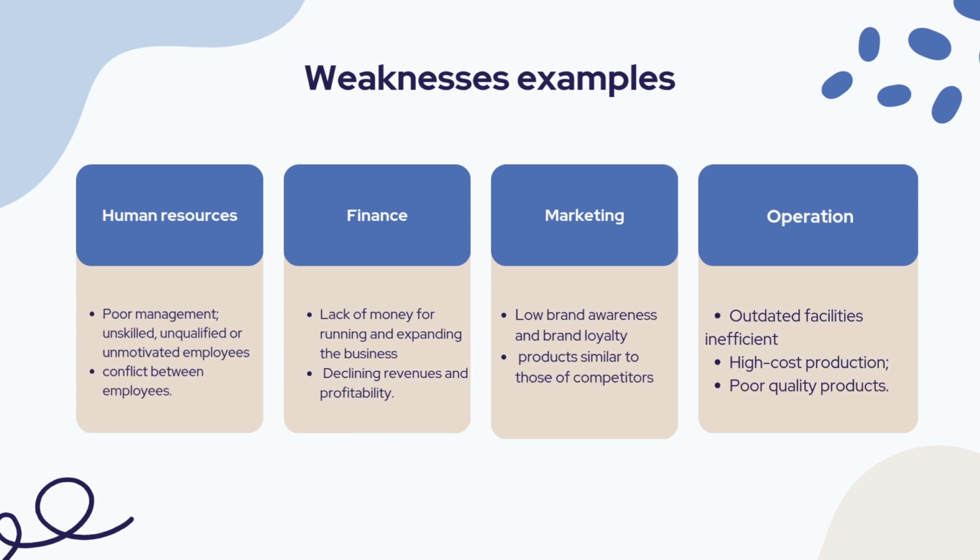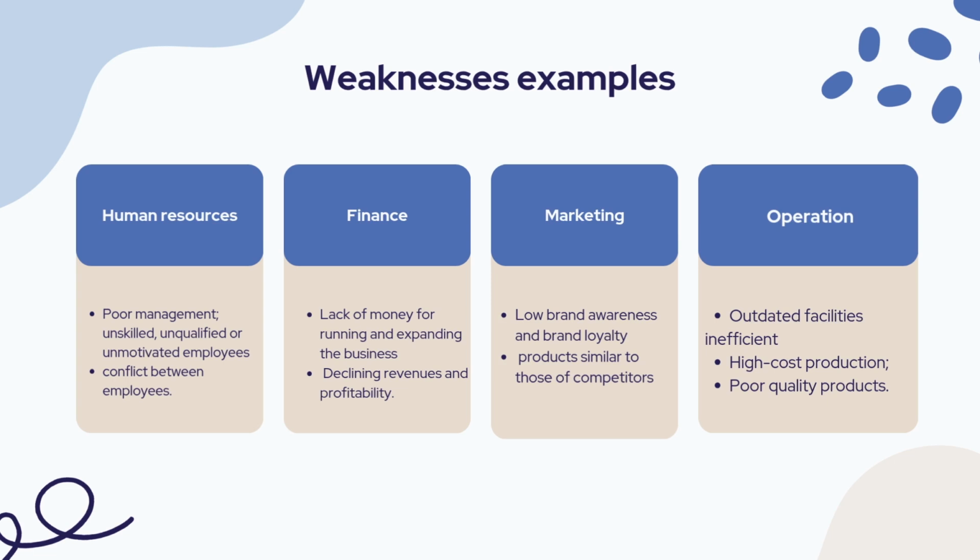On the other hand, the weakness examples, which are also internal factors, are completely opposite from the strength examples. Also based on human resources, finance, marketing, and operation, here are some examples.